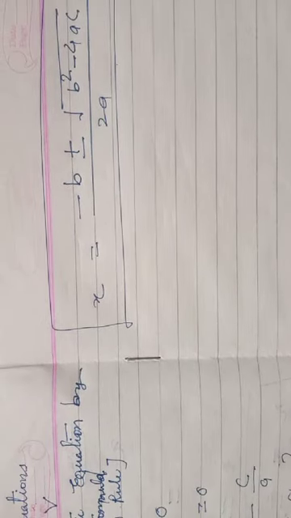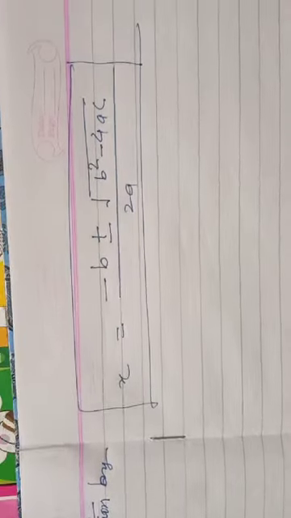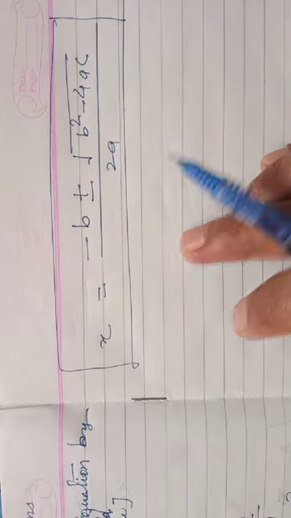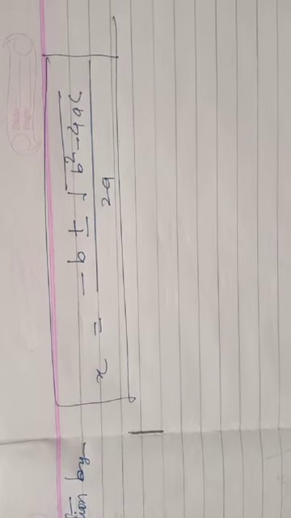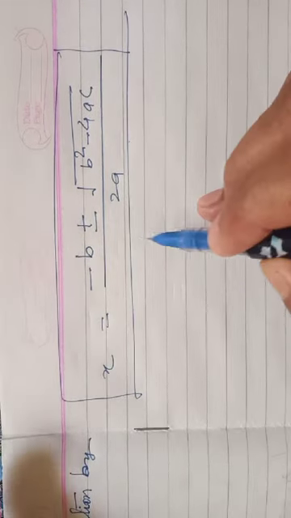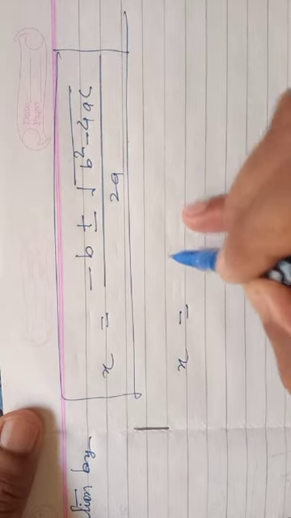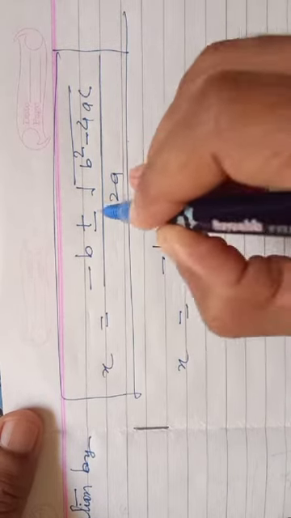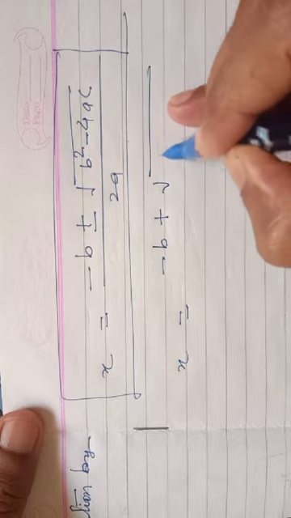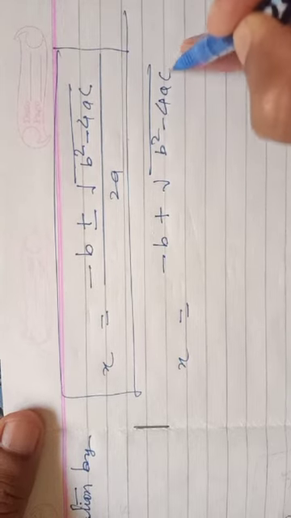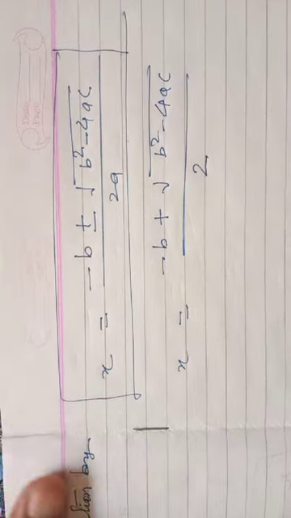It is known as the quadratic formula to find the roots of quadratic equations, or you can say Sridharacharya's formula. Now how can you get two roots here? The first time you should take the plus value like that. x is equal to minus b, plus root b square minus 4ac upon 2a.